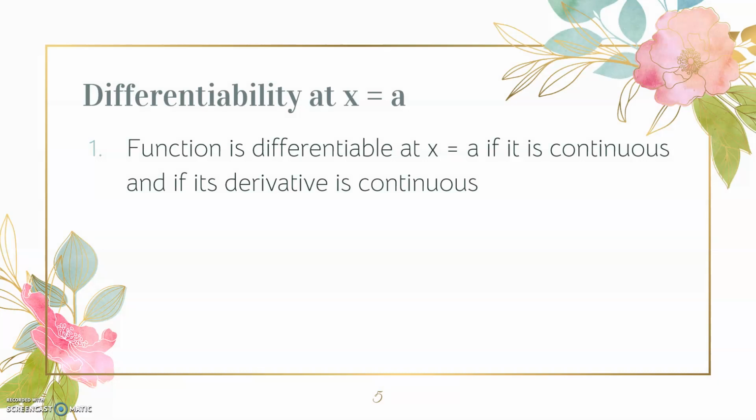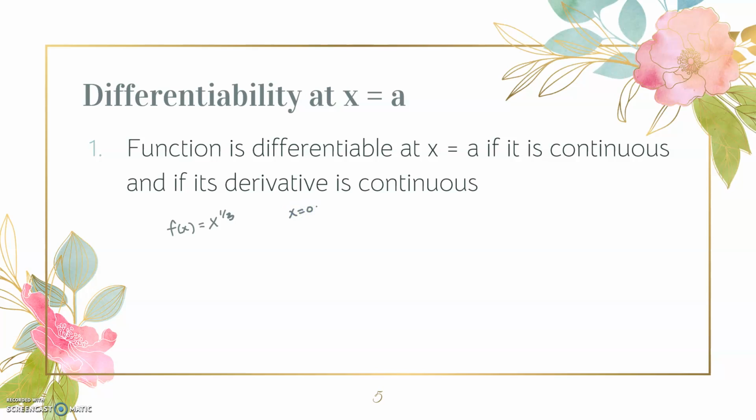For differentiability, it's almost the same thing, except you want to make sure your function is differentiable at x equals a by checking to see if it's continuous and that its derivative is continuous at x equals a. So for example, this function, let's say x to the 1/3, is continuous at x equals 0 because I can plug in 0 and I do the limit as x approaches 0.